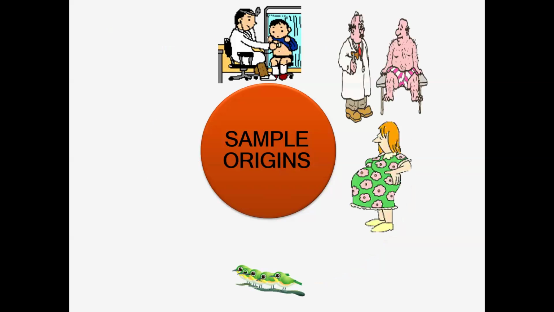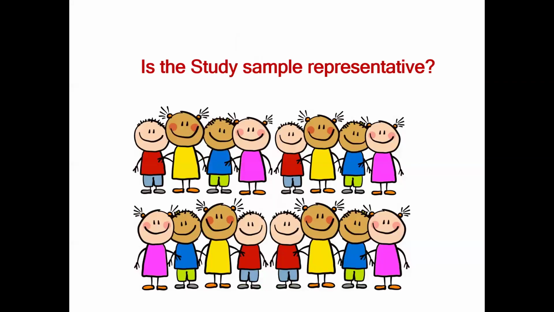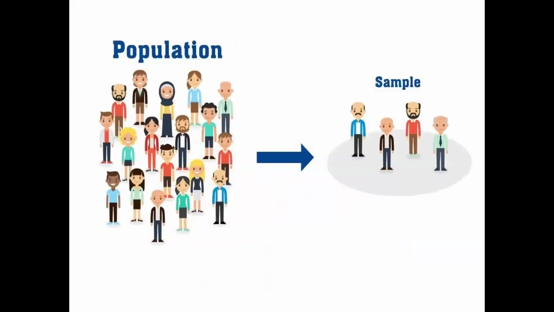So it could be a student, it could be a patient, it could be whatever. It could be a test, whatever. So the study sample should represent the whole population. As you see in this photo, if I'm saying that this is the sample of this population, this is not a representative sample of this population because they are all males.